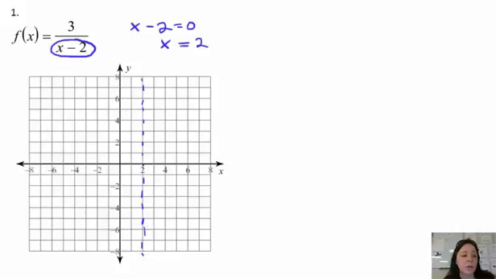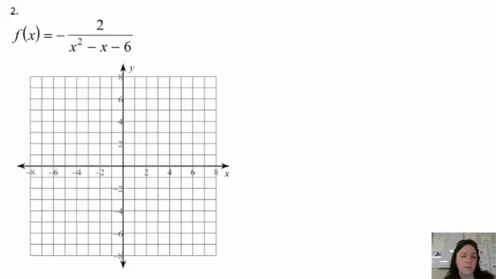So let's go and look at problem 2 next. Here's problem 2. Once again, our vertical asymptotes are going to be where we have division by 0. In this case, we have a quadratic expression that will need to be factored.